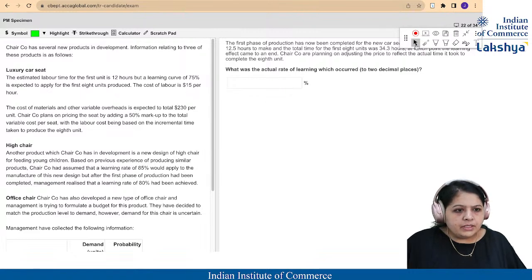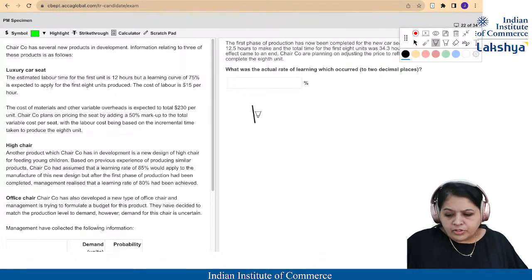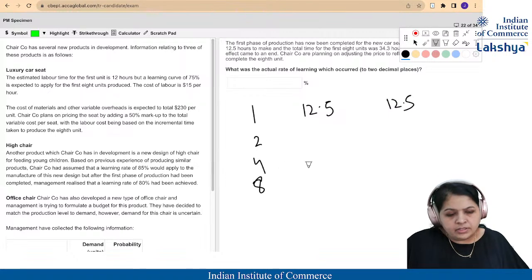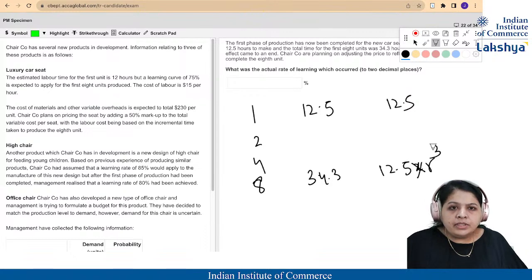So now if you see, the first unit is taking 12.5, right? And the 8 units, so like 2, 4, and 8 units, is 34.3, right? So you have to do 12.5 multiplied by r raised to 3, because it's 3 jumps, 1, 2, and 3 jumps, right?